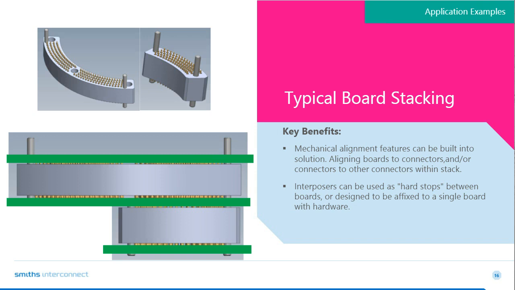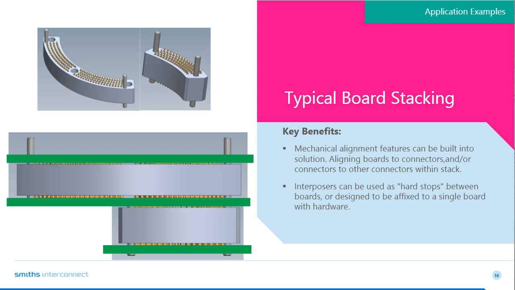I also want to accentuate that an interposer solution can be designed so that the actual housing of the interposer itself is the hard stop between your boards, meaning the probes can be fully compressed all the way to the full surface of the plastic housing that we designed them for.